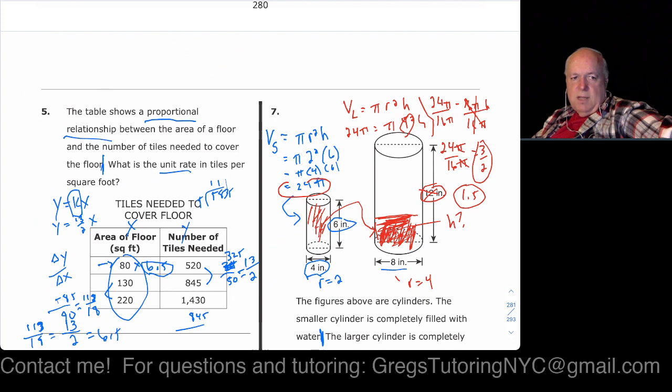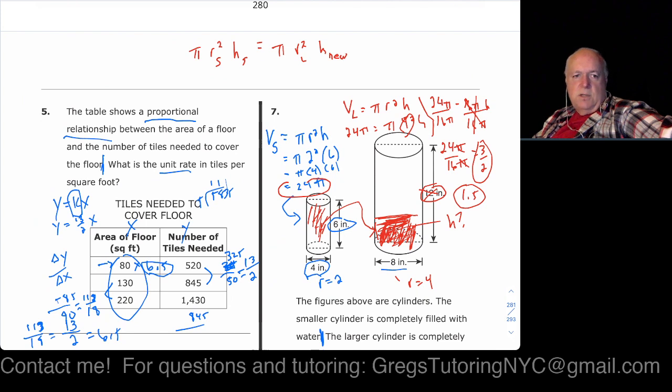So if we basically have pi times r squared of the smaller one, right? So I'm putting an r with a little s there, times the height of the smaller one, right? Okay, we want to make that equal to pi times r squared of the larger radius times the height. I'm going to write h new because we're not using the 12. We're trying to compute the height.